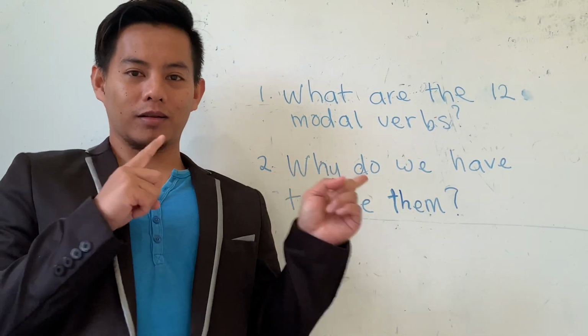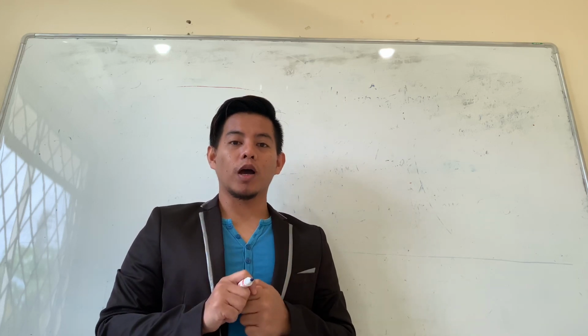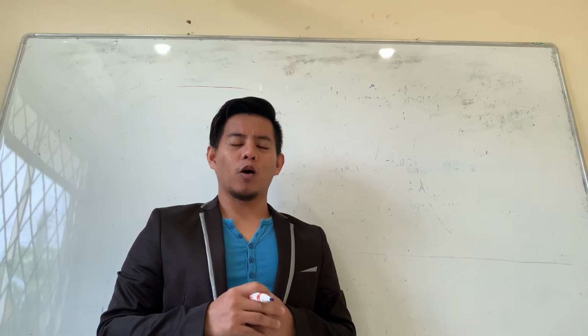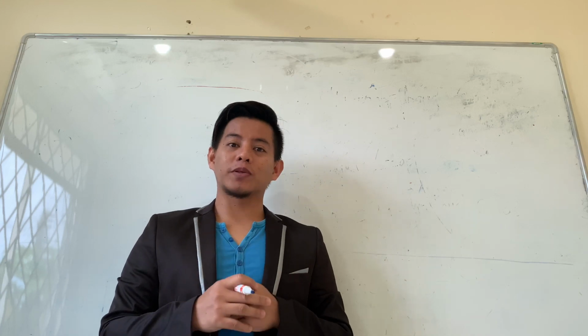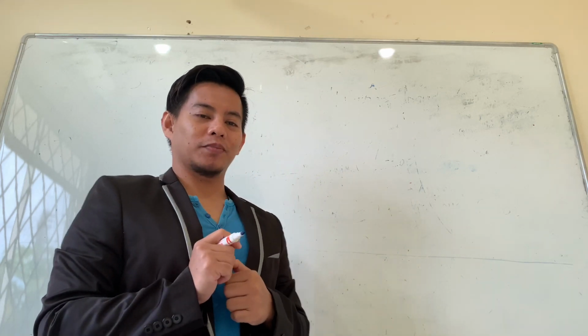Wonderful. Alright, so for the first part of the lesson for today, we are going to do a recap on what the 12 modal verbs are. Okay? So, 12 modal verbs.